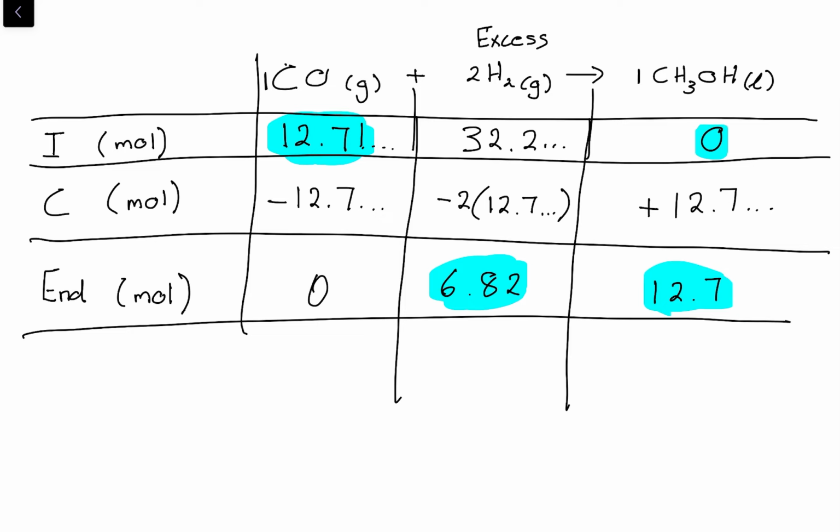Notice how the hydrogen did not dictate anything about the methanol. It was the CO, the limiting reagent, that dictated everything about the methanol. So this is a simple example trying to describe the fundamentals of what the more difficult examples can do.